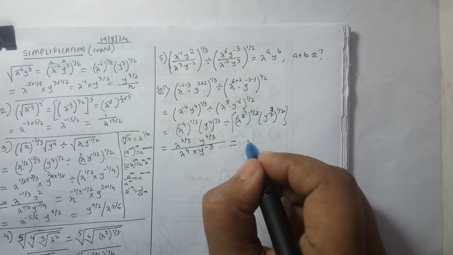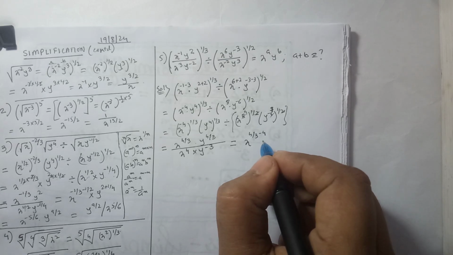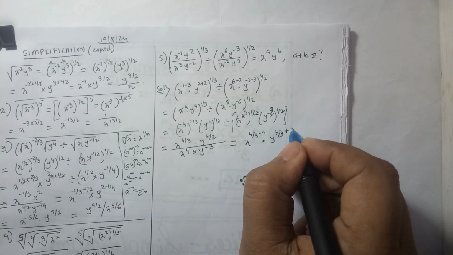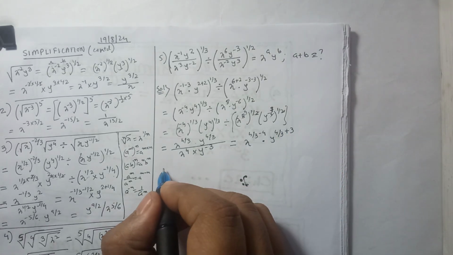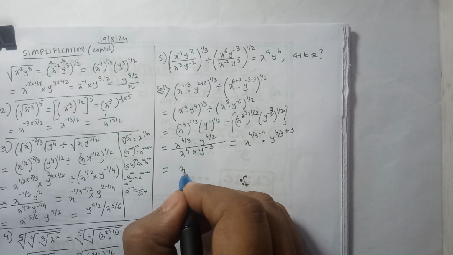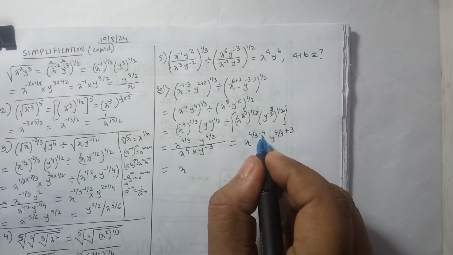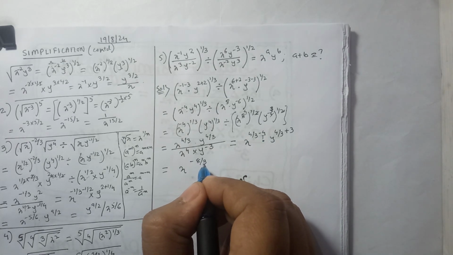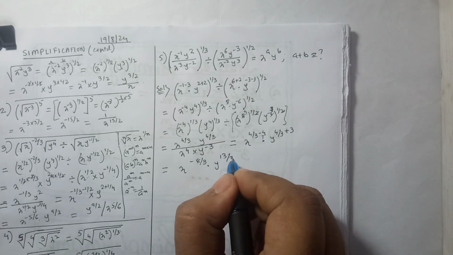So x to the power of 4 by 3 minus 4 into y to the power of 4 by 3 plus 3, because minus of minus will be plus, correct? So x to the power of, if I take an LCM and calculate, minus 8 by 3 into y to the power of 13 by 3.